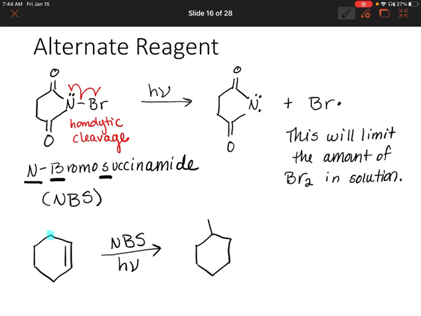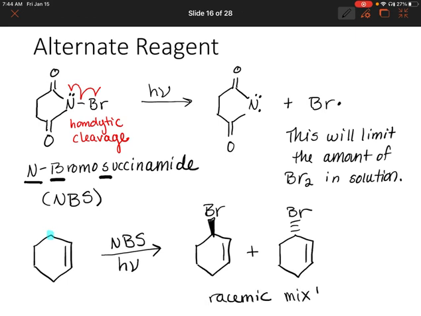And then we would get our allylic bromination, and we would also form the enantiomer. And this would form a racemic mixture because bromine could add to the top or the bottom, and that would be in equal proportions. So we have a 50-50 mixture of our enantiomers.